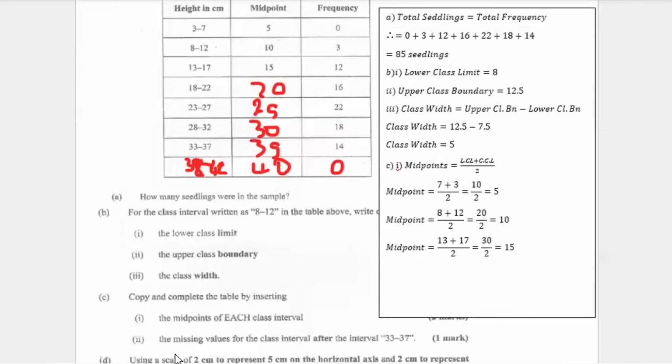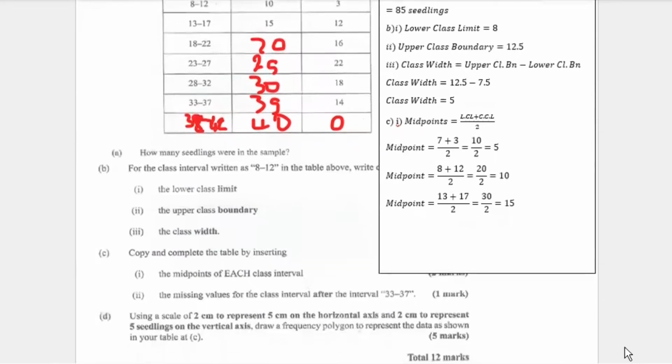It says, using a scale of 2 centimeters to represent 5 centimeters on the horizontal axis and 2 centimeters to represent 5 seedlings on the vertical axis, draw a frequency polygon to represent the data as shown in your table. So the points that we're going to be using are the midpoints and our frequency.